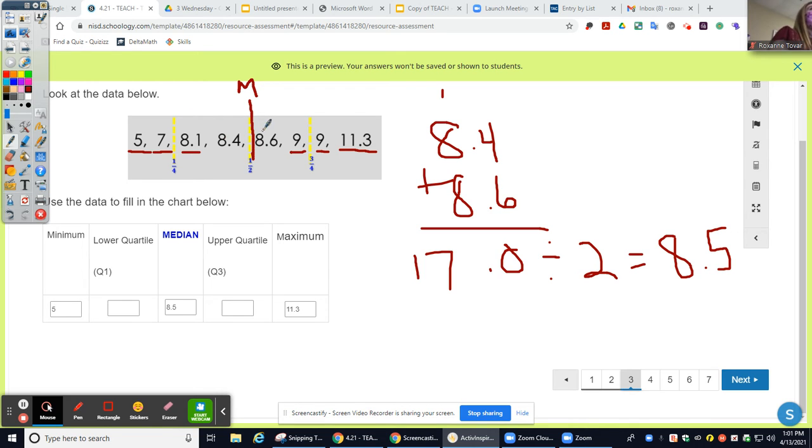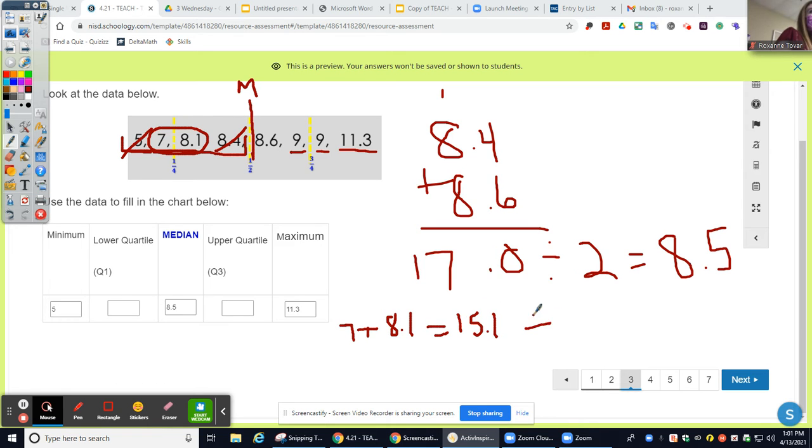So that being said, when I find the median of just this half now, to find my lower quartile, I'm going to go ahead and take that 8.4. So see here how I go 1, 1. So now I need to find the average, or the number that's right in between 7 and 8.1. So here I would have to do 7 plus 8.1, which is 15.1.